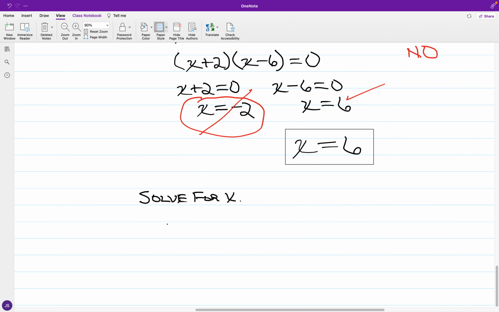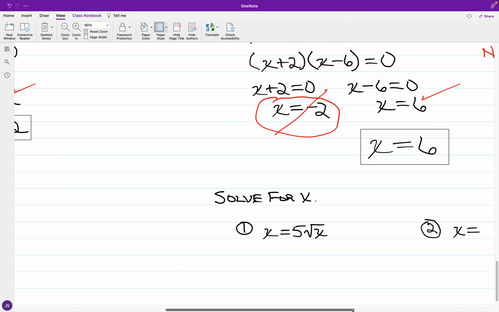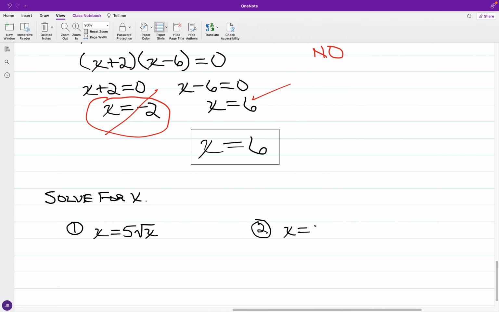Just a couple of items here, and we'll be looking at other situations with radicals. If we're looking at solving for x, let's see what we get for x is equal to 5 times the square root of x. And also, let's see what we get for x is equal to 3 times the square root of x minus 2. Let's see what solutions we get for x, if any. And we'll discuss in the next few minutes.